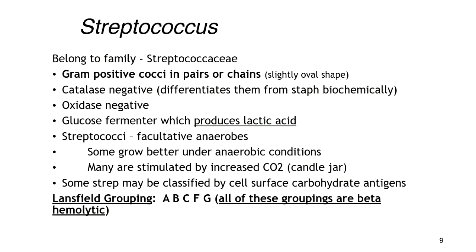So Streptococcus, so remember Staphylococcus and Streptococcus, belongs to the family Streptococcaceae. Again, family name. Typically, that is not italicized. This is gram-positive cocci in pairs or chains. They might be sort of oval shape.